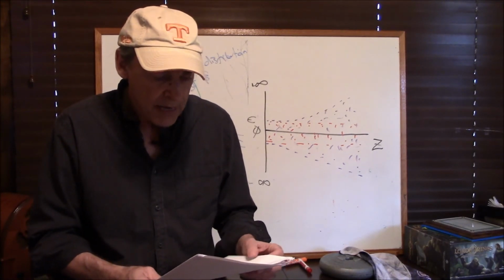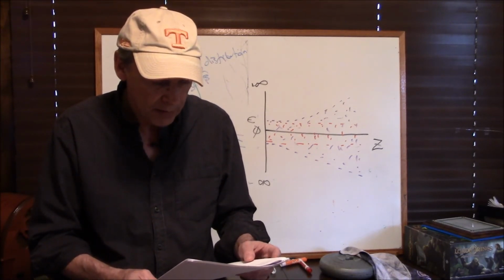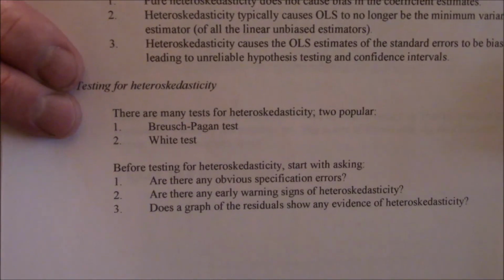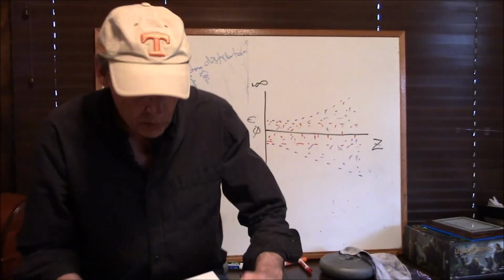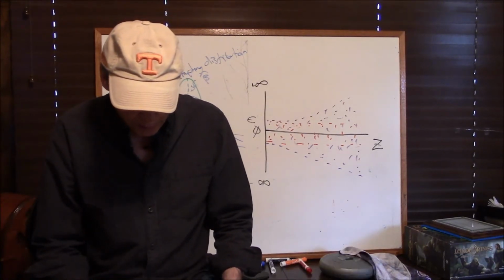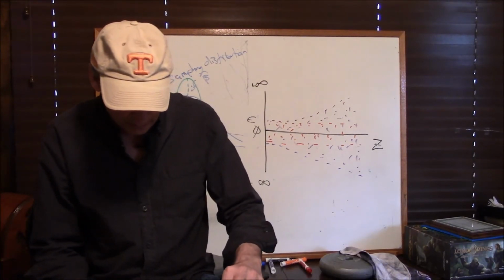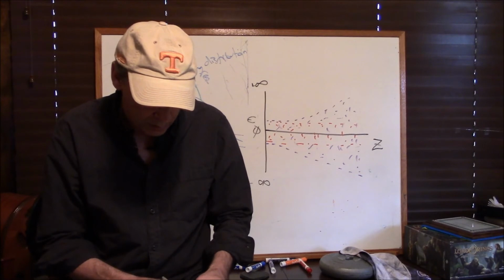Now, there are many tests for heteroscedasticity. In the book, he does the Breusch-Pagan test and the White test. I put the notes in here for both of them. Basically, let me just give you a basic idea of what you do.